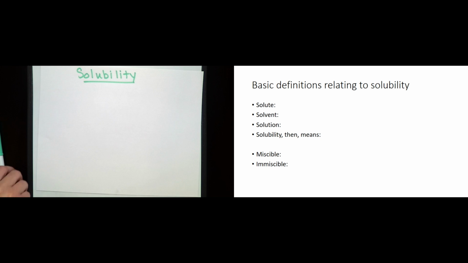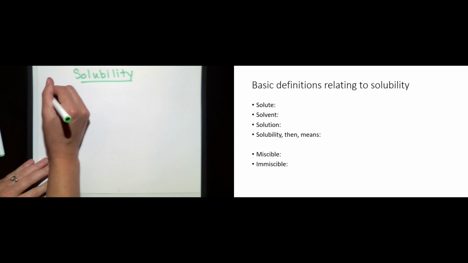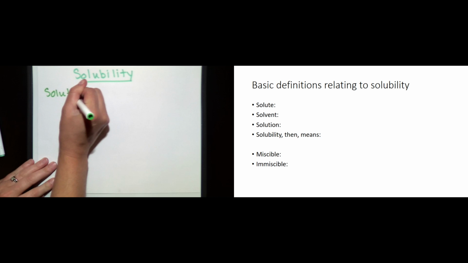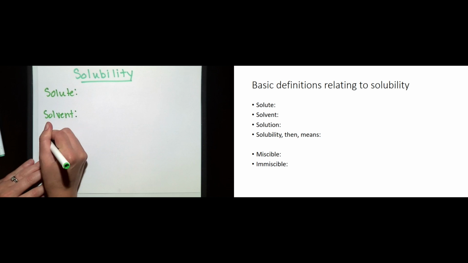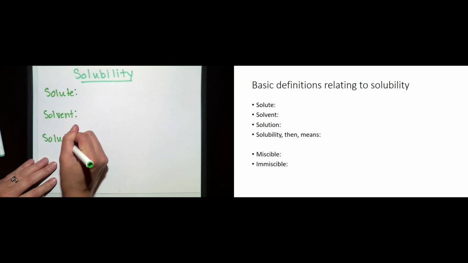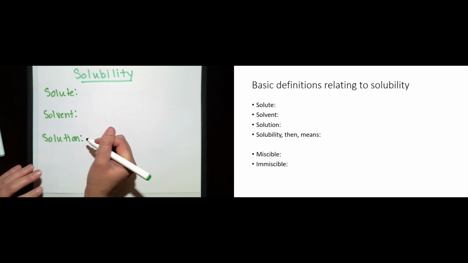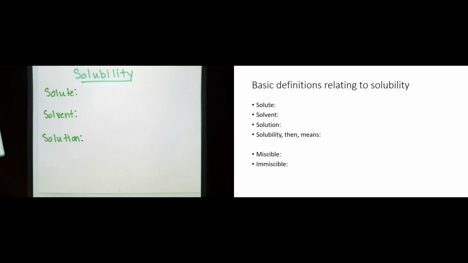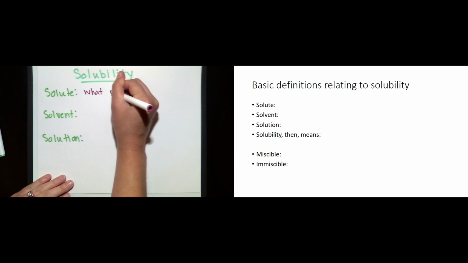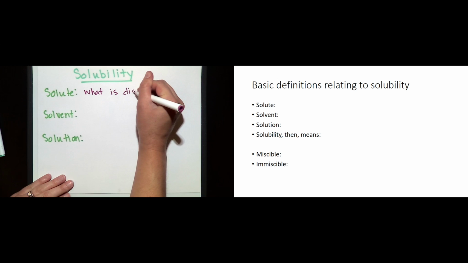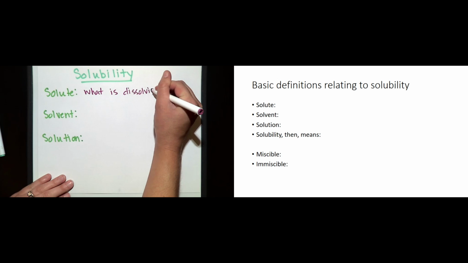All right, so we're going to start with some basic definitions. We're going to start with solute, solvent, and solution. Okay, solute, really generally speaking, is what you are dissolving, or what is dissolving in typically a liquid solvent.